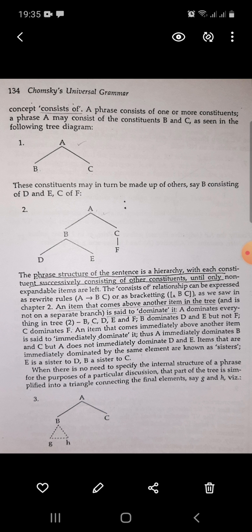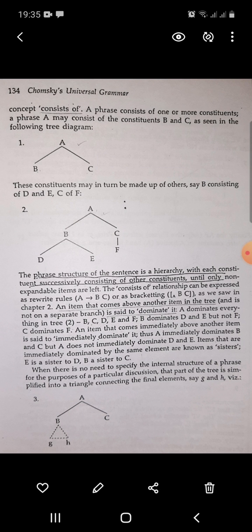For example, A is immediately dominating B and C, because there is no intermediate level between the level of A and the level of B and C.